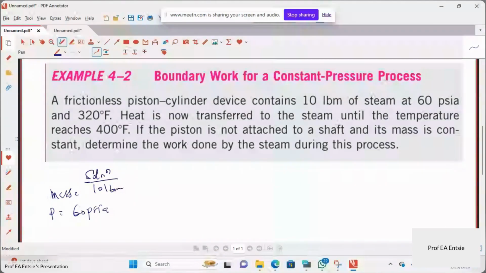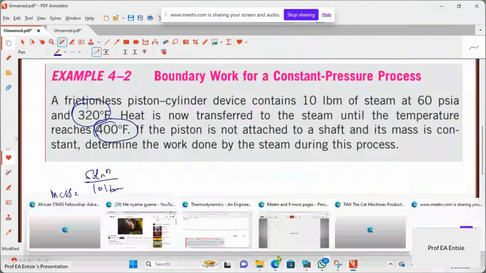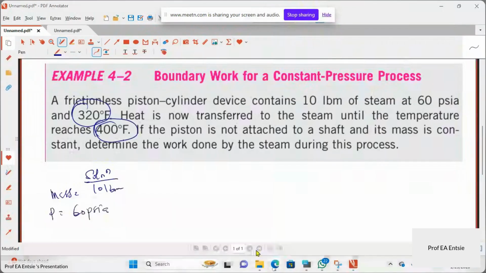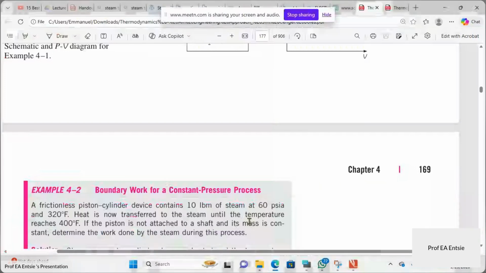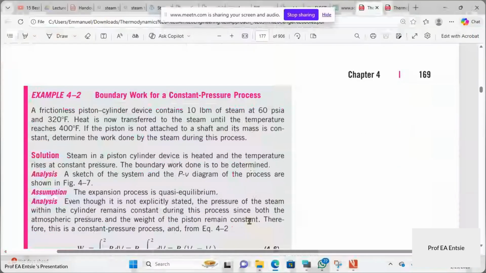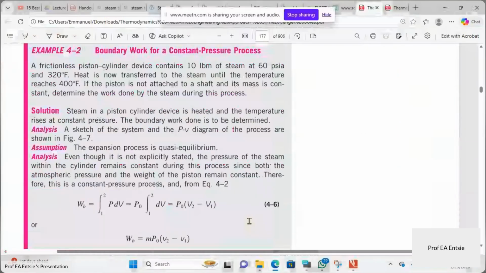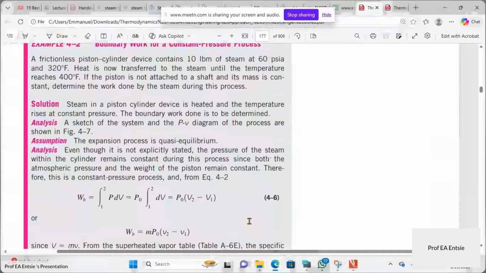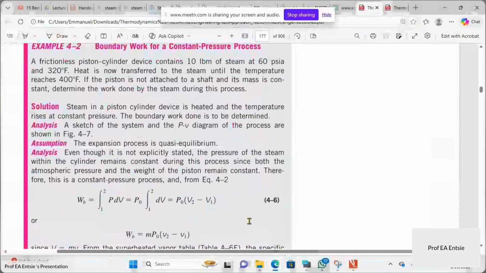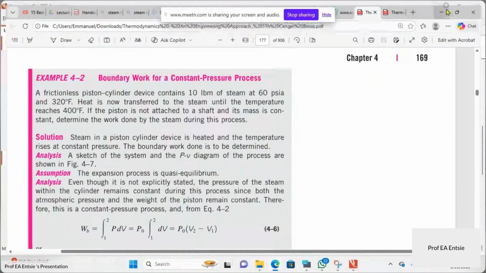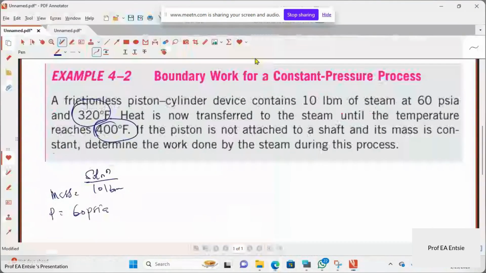Ladies and gentlemen, these values here should actually stand in for the specific volume, as I said, the V2 minus V1.